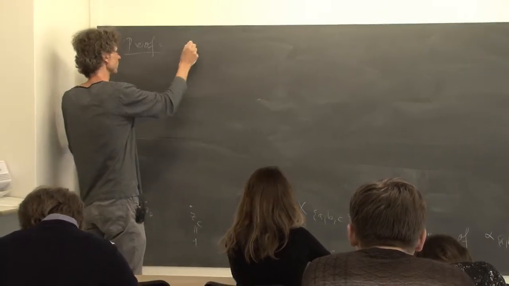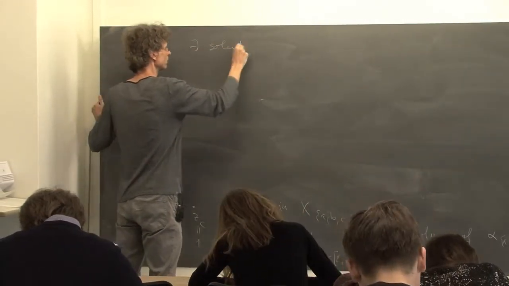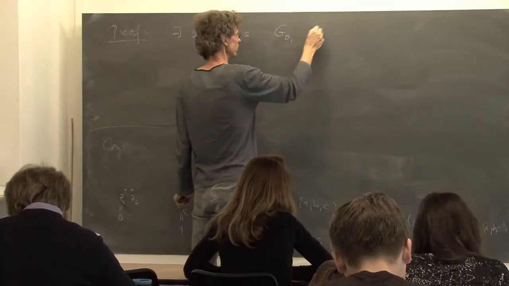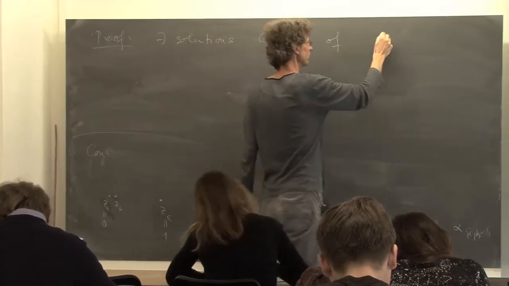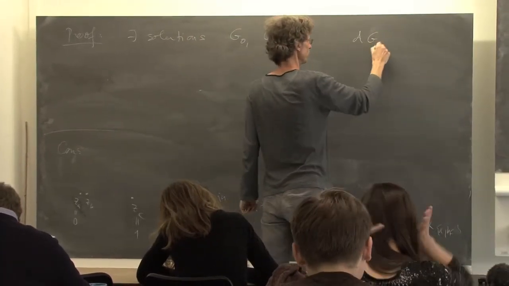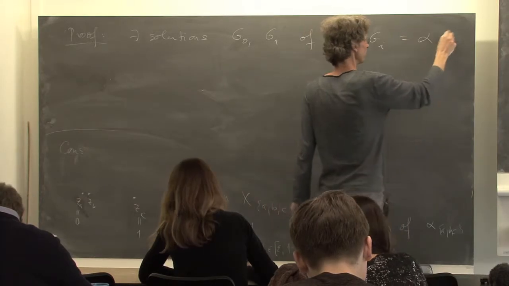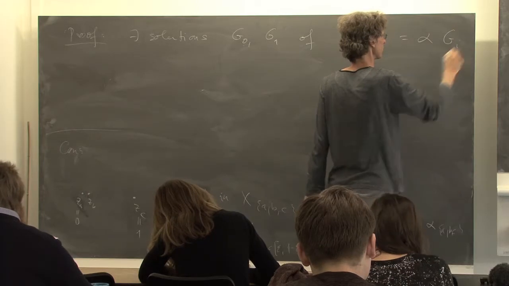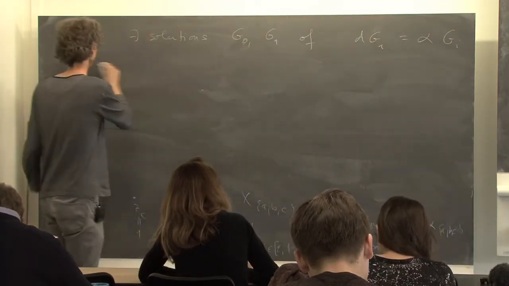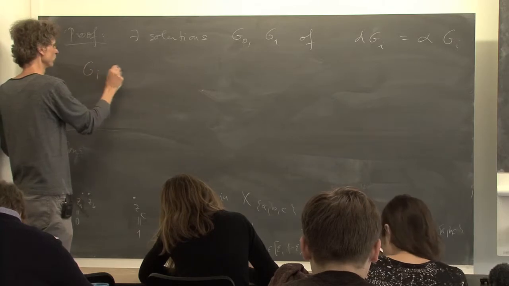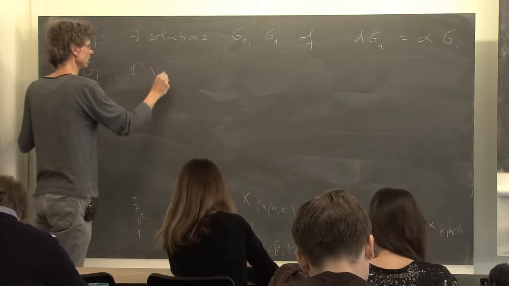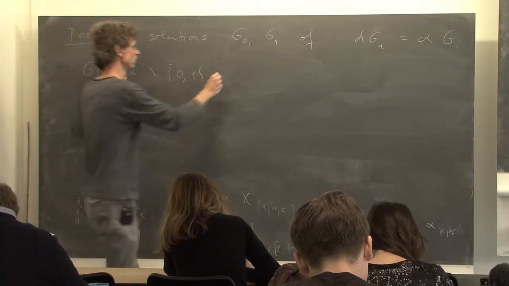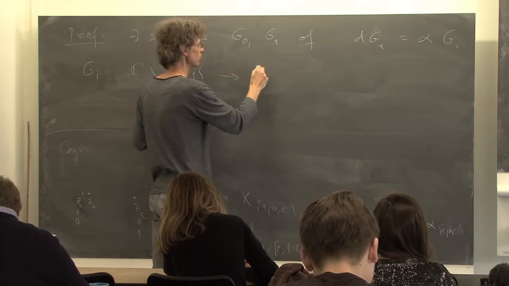So there are solutions G0 and G1 of this dg equals alpha g, where alpha is this thing. All those Gi's go from C minus {0, 1}, that's where our z lives, to C.